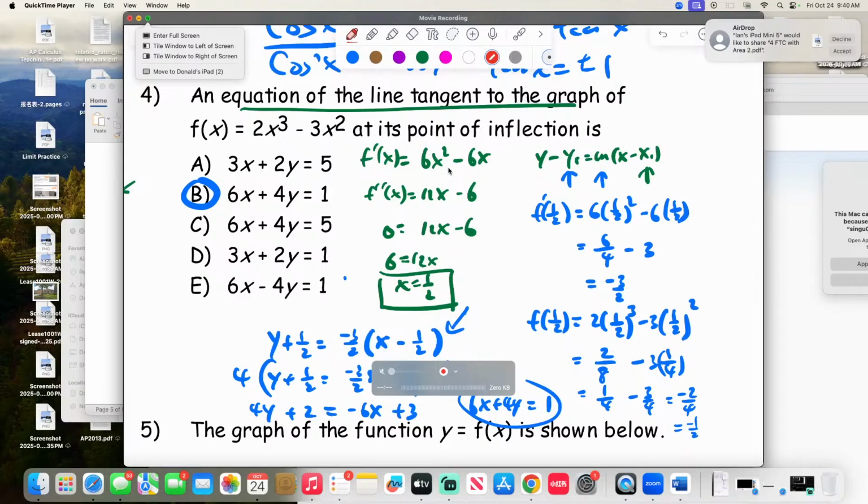Great, but that doesn't give me the equation of the tangent line. That only gives you the x value. The equation of the tangent line needs three different things. We just got this, we need this, and we need this. How do we get it? Get it from the derivative: plug into the original, plug into the derivative, simplify the fraction to -3/2, and then plug in 1/2 and simplify to get -1/2.